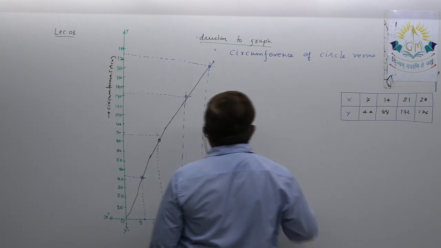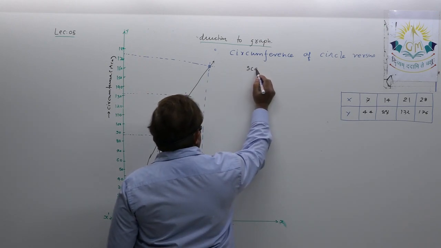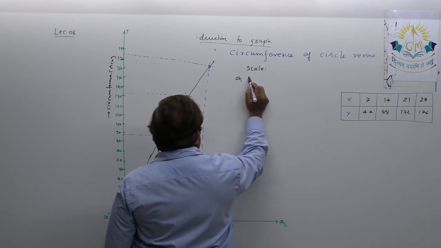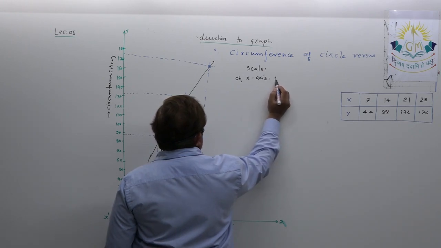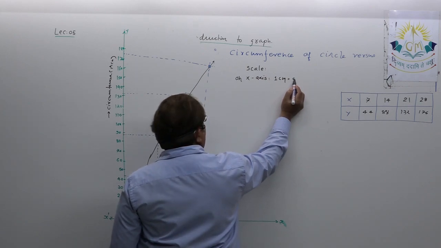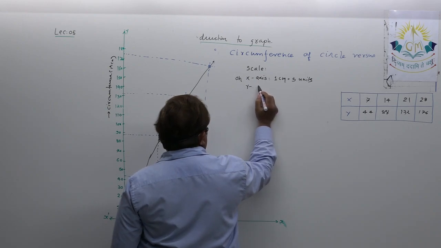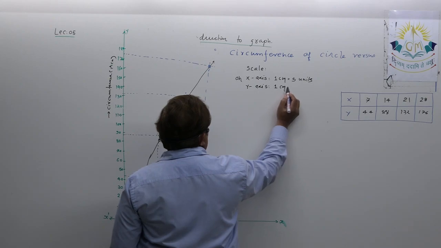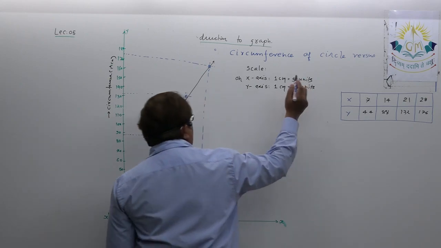Okay, and as you all know, scale factor is very important here on both axes. On x axis, what is the scale taken by you? 1 centimeter equal to 5 units. On y axis as well, what is the scale taken? 1 centimeter equal to 10 units. Understand?